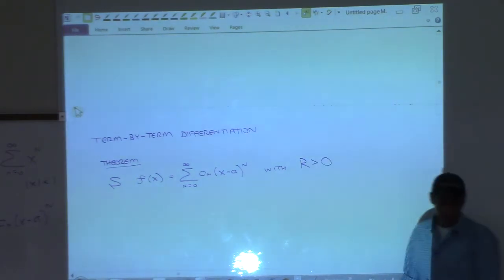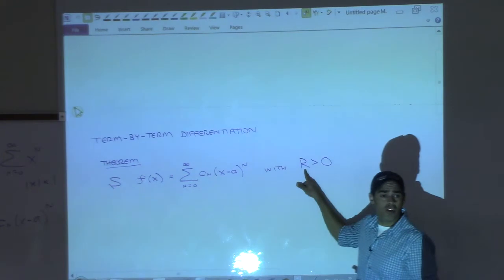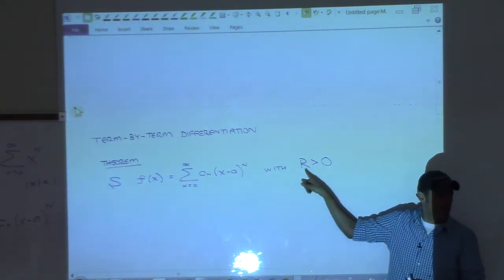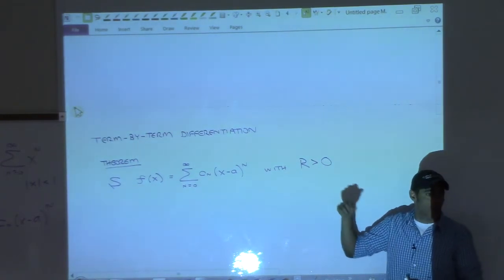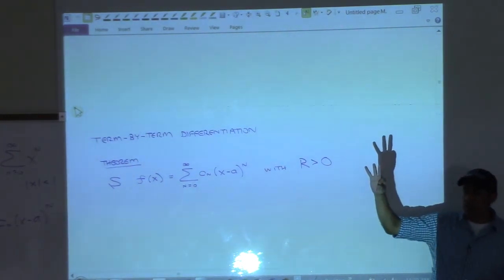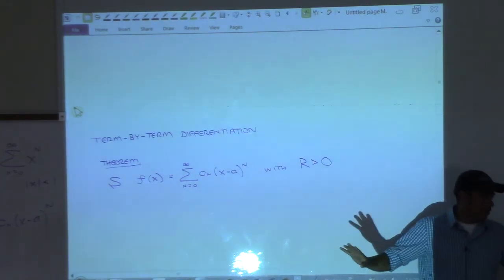What does that mean? That's right. What we're saying here is that our radius of convergence is a positive number bigger than 0, which means that, remember with power series, there's 3 different ways it can converge. It can converge at a single point, on an interval, or everywhere, right?